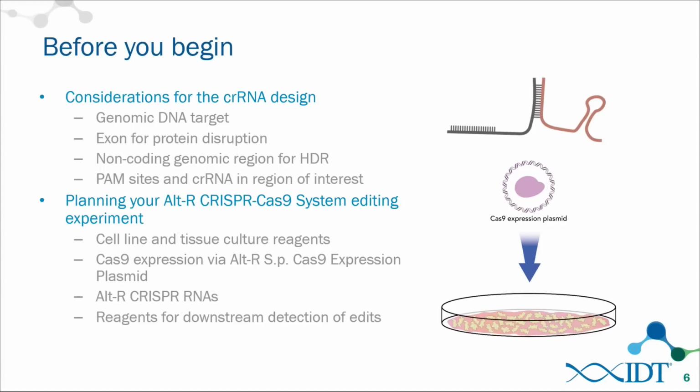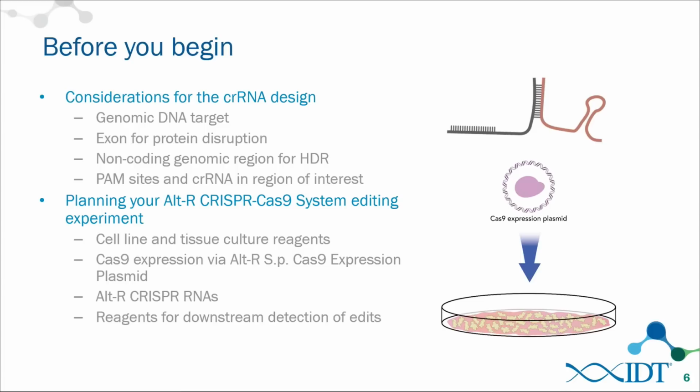And then other considerations when planning the Alt-R CRISPR-Cas9 experiments would be what cell line is going to be used and what other associated reagents are required.